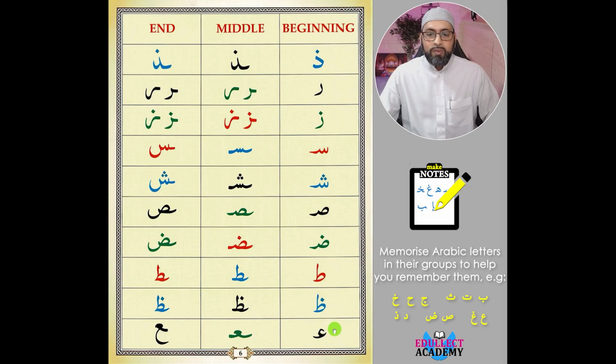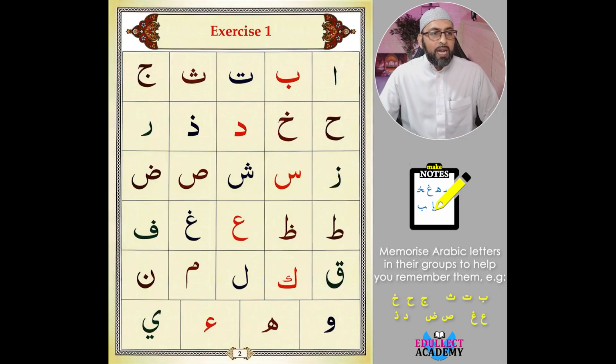So moving on to ayn. Ayn is written like this in the beginning of a word. In the middle it's written like this, and at the end it's written like this. So you're not as familiar with the ayn as you were with some of the other letters. So if I go back, I'll show you, this is how ayn is written, how you are familiar with.